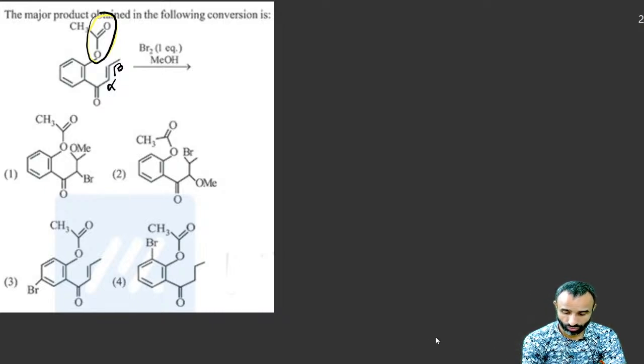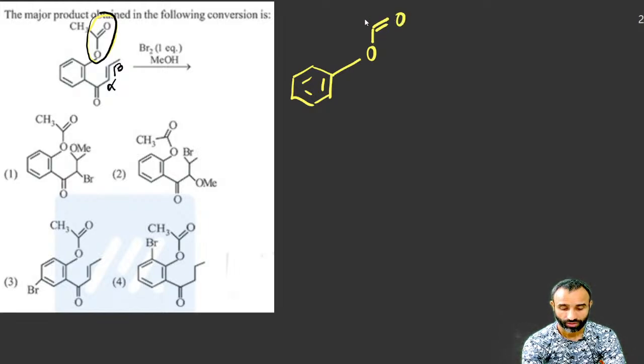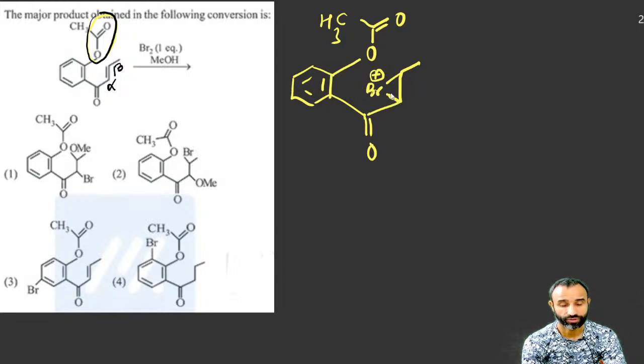So we will have the ester remaining as such, this keto part, and this is a cyclic bromonium ion.